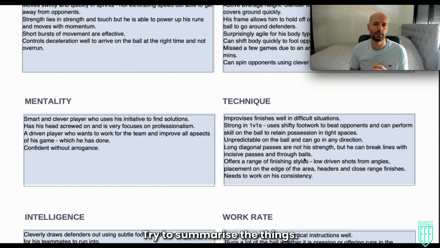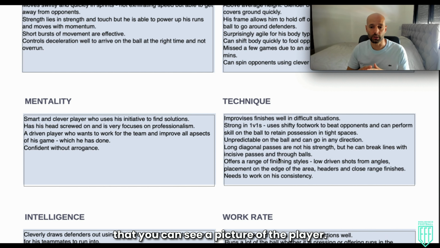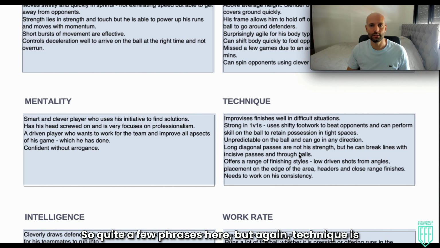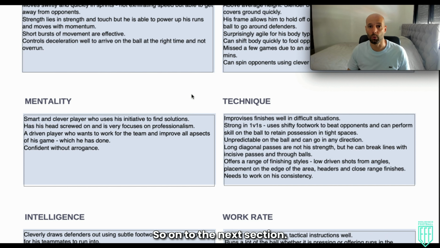Try to summarize the things he can do well with his technique, but he does need to work on his consistency. Sometimes he misses some chances, but I hope from that you can see a picture of the player. And remember, that's what we're trying to do here, show a picture of the player. So quite a few phrases here, but technique is something you want to pay a lot of attention to. On to the next section.